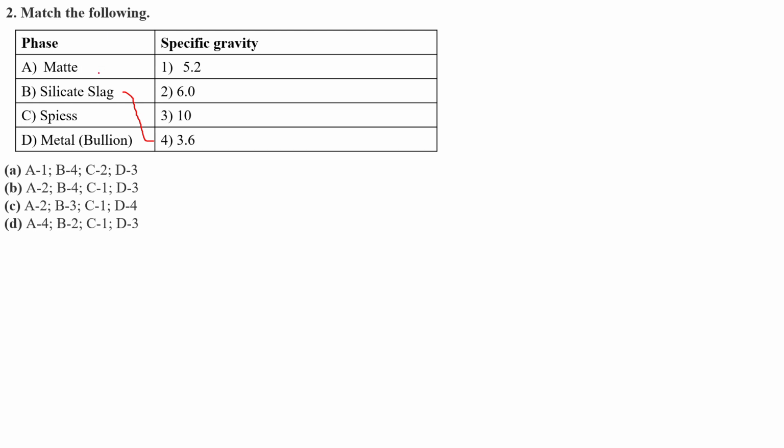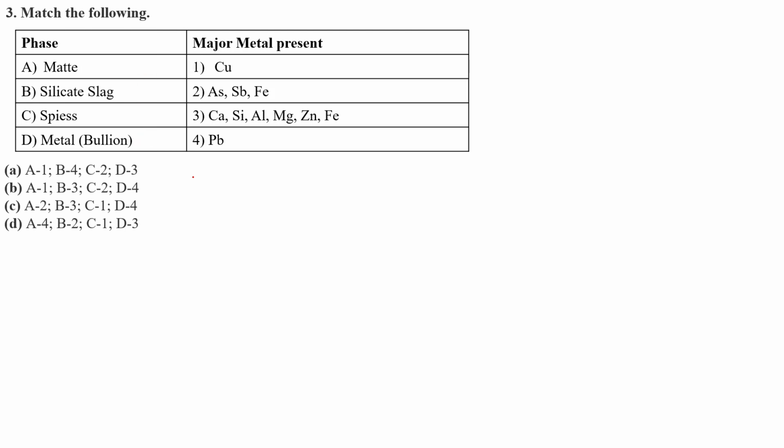Then there was speiss, which has a specific gravity of 5.2, containing arsenides, antimonides, and bismuth, like heavy metals. Then there was the matte phase, with a specific gravity of 6.0, containing a lower amount of iron sulfides and a high amount of copper sulfides. Then there was metal bullion, with a specific gravity of 10.0, containing the lead material as a metal phase.